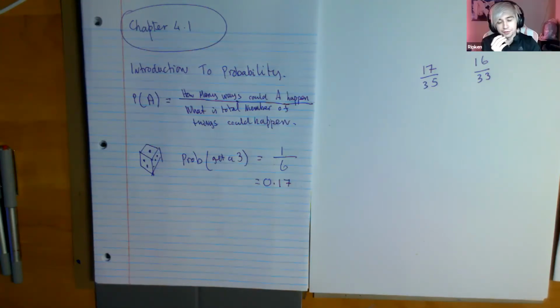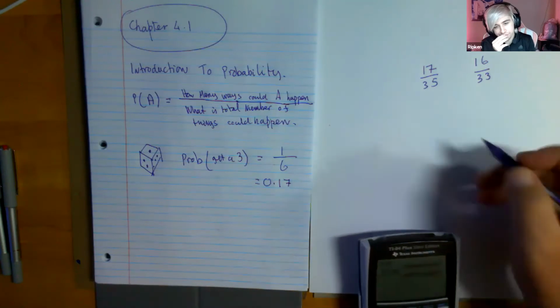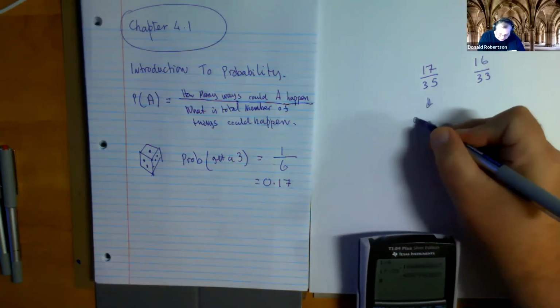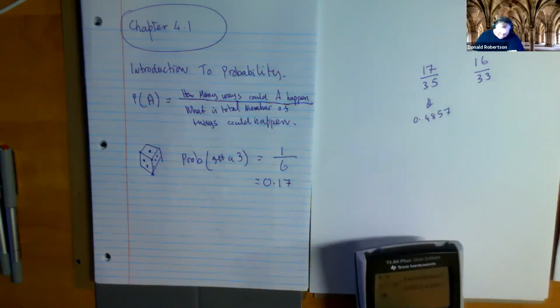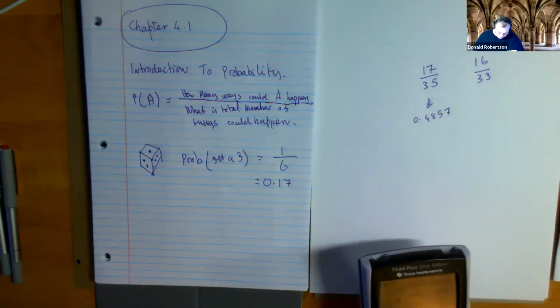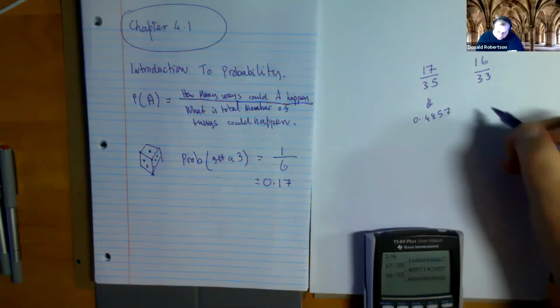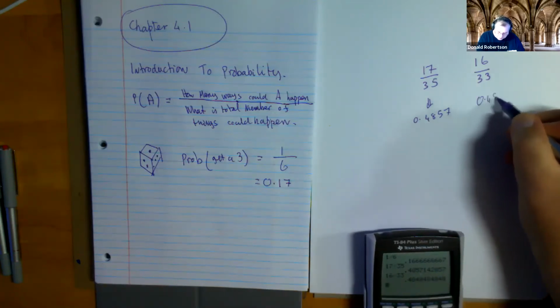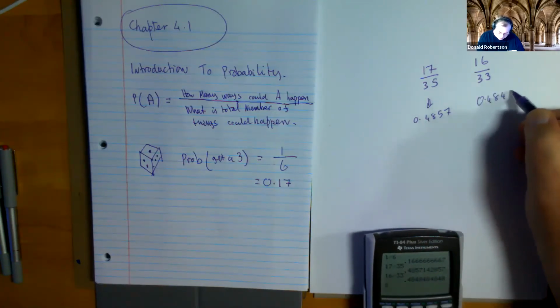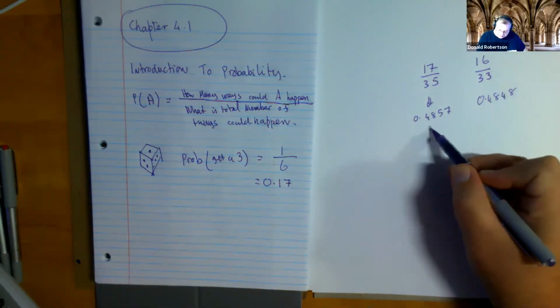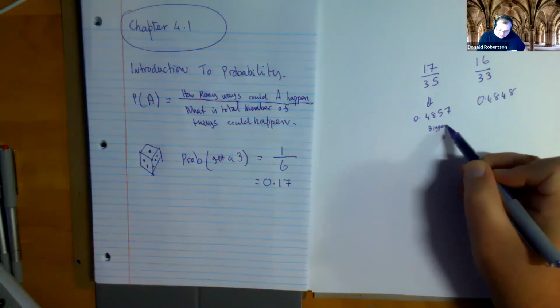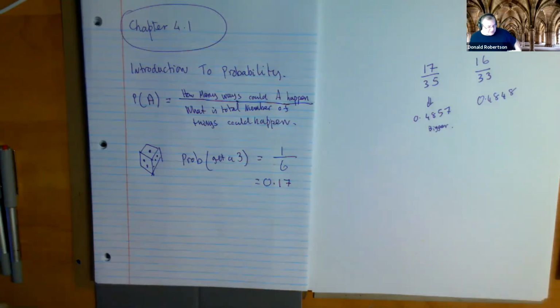Probably 16/33. Okay, let's find out. This one here is 0.4857. And the other one is 0.4848, roughly. So would you agree this one here is bigger? Decimals make it easy to decide.